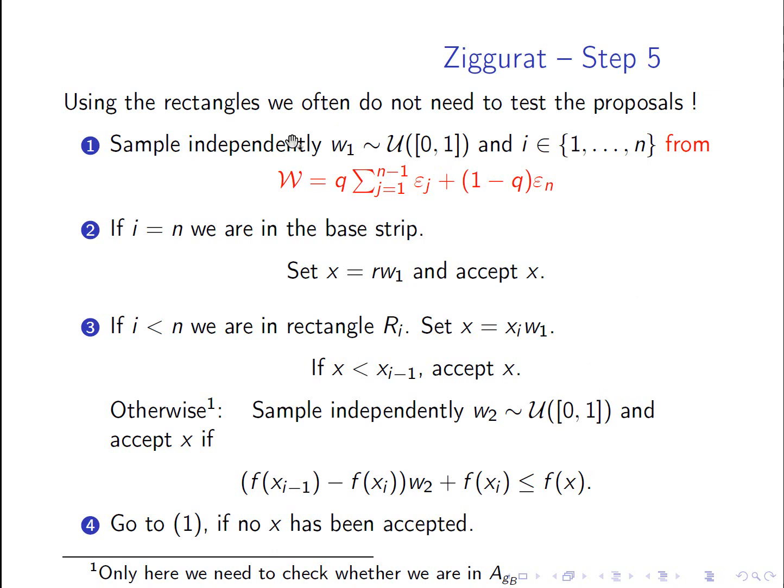So in the first step, we don't sample I uniformly on 1 to n, but according to this measure here, where the epsilon_j are just the Dirac measures. So we pick an index j between 1 and n minus 1 with probability q, and the index n we are picking with probability 1 minus q. And the rest we don't need to change at all.